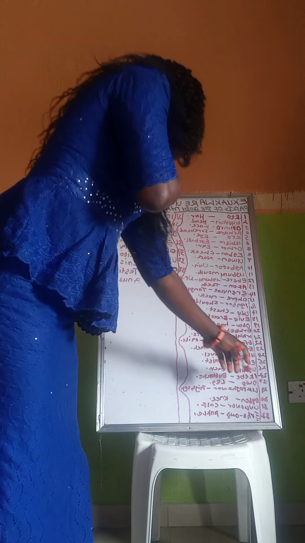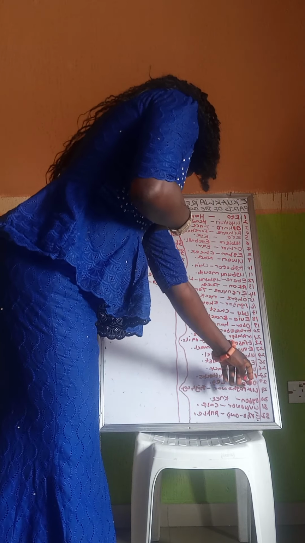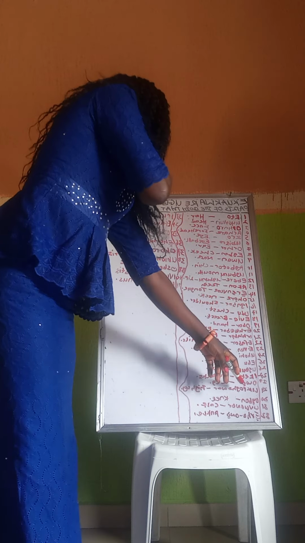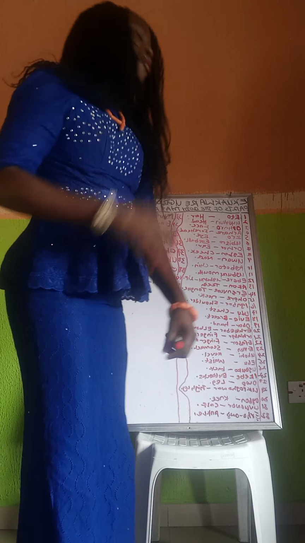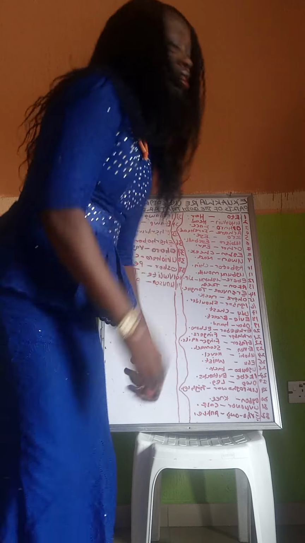Ugbuko, that is back. Ikebe, buttocks. Owo, leg. Ukpogowo, thighs. Ugbon, knee.